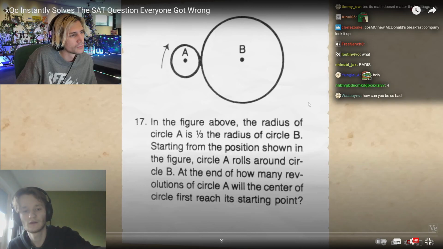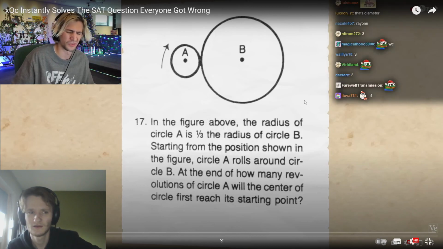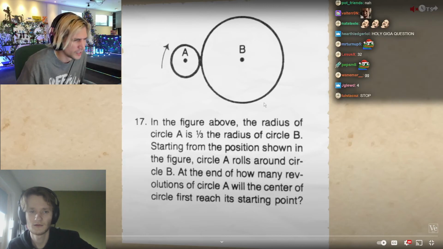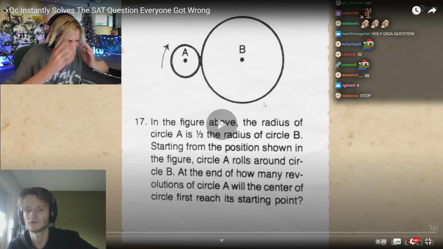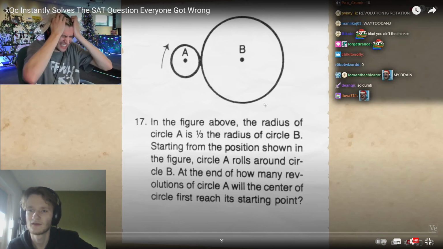The third. Should be 3 then. No? 3? Wait. 1, 2, 3. Should be 3.